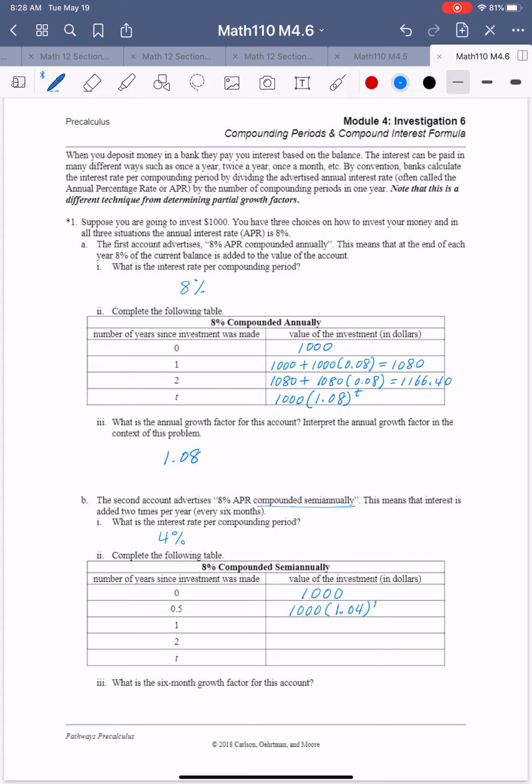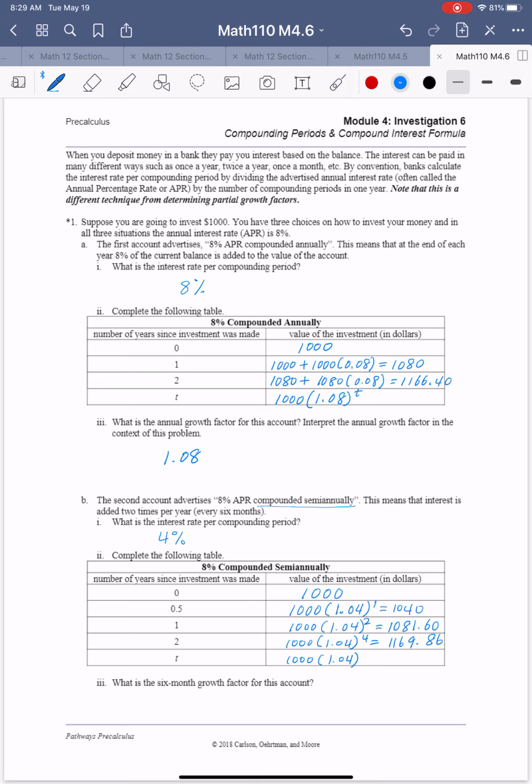So after the first period, you get 1,040. Then 1 year means period 2, and you get 1,081.60. How many 6-month periods are in 2 years? 1.04 to the fourth power, and that's going to be 1,169.86.